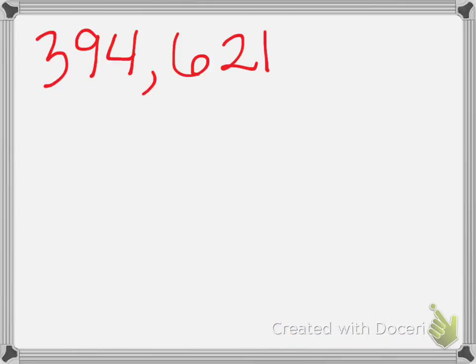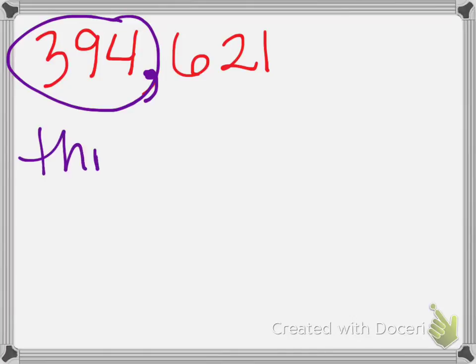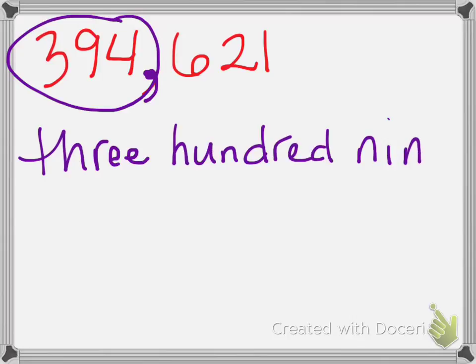So in this one we have 394,621. If I were to write this, I would start by grouping the 394 and just write it just like it is. 394, and making sure that you put a hyphen. I'm sorry it's hard to see there, but 94 has to have a hyphen in between.